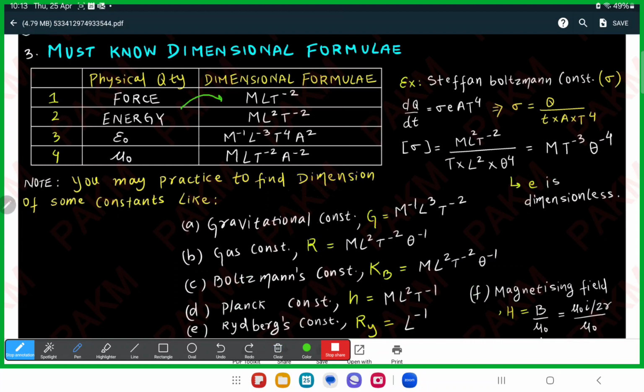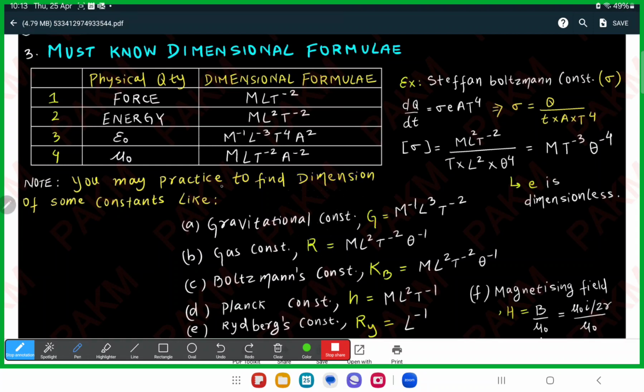Now next, here we can say like force. I told you in the class that force is equal to MLT minus 2, energy ML2T minus 2. That is epsilon. This is very important and frequently asked, epsilon naught. It's better to learn the dimension, and mu naught means permeability. Fine.